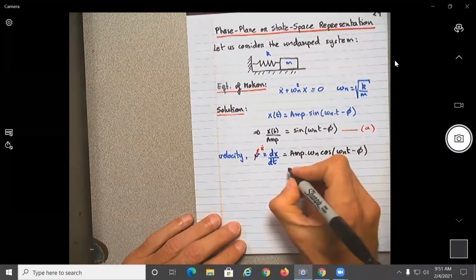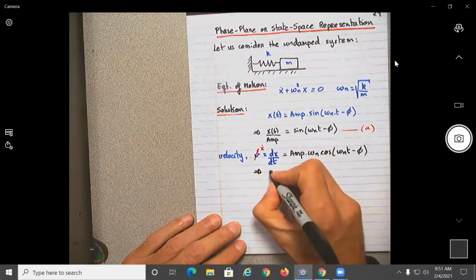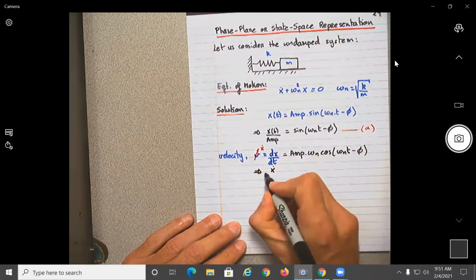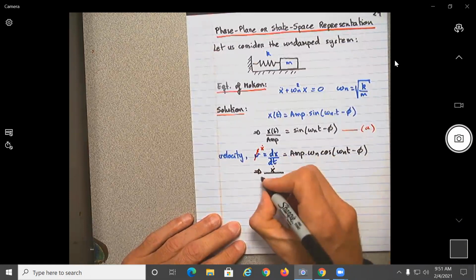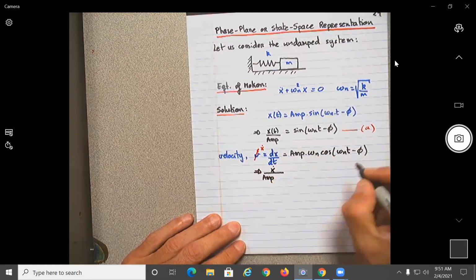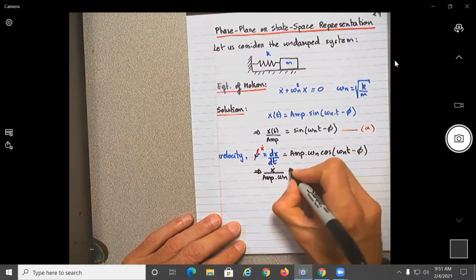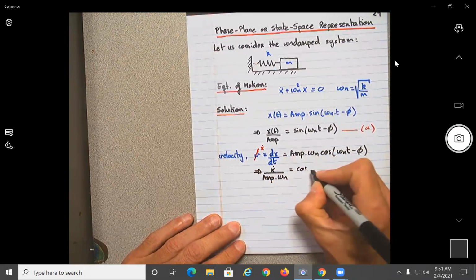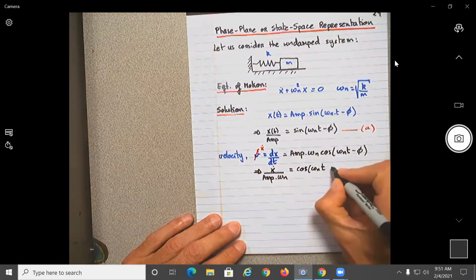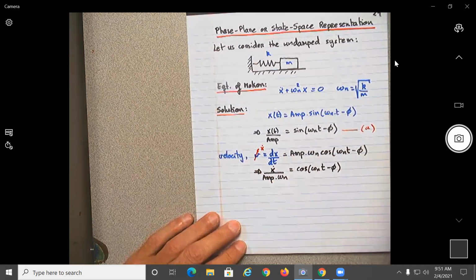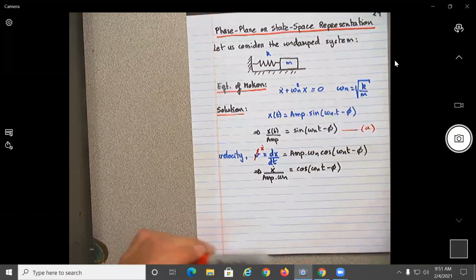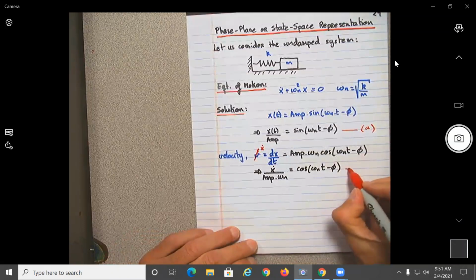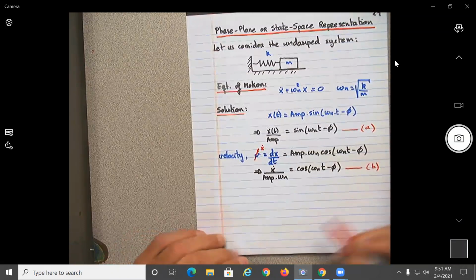So I can rewrite that x dot divided by the amplitude times the natural frequency would just be equal to cosine omega n t minus phi. And this could be our equation B.